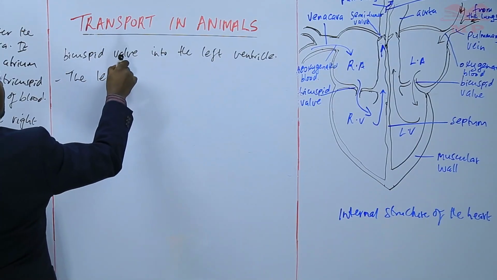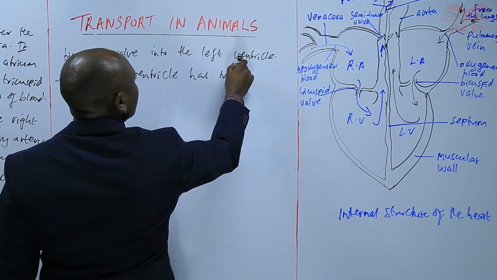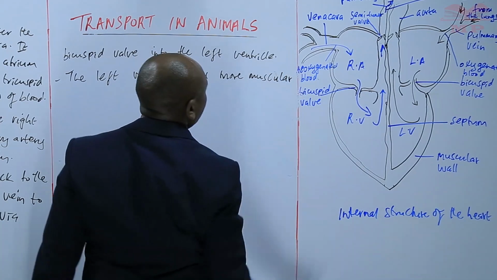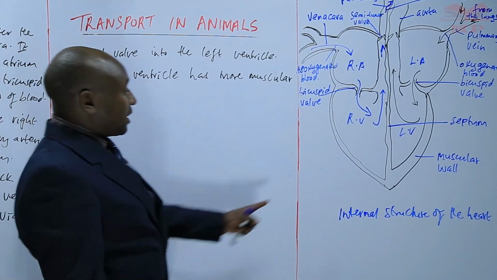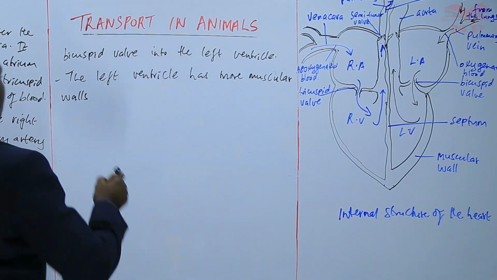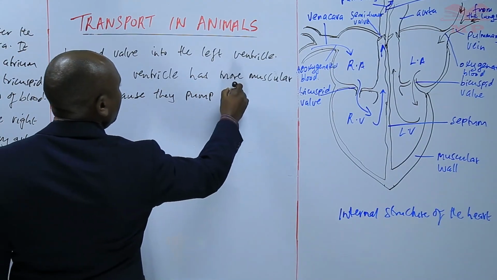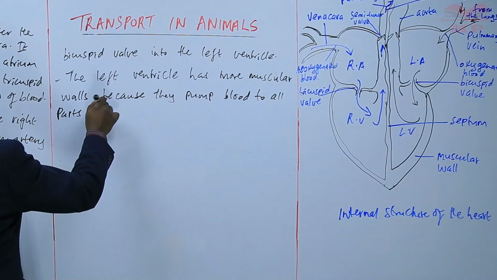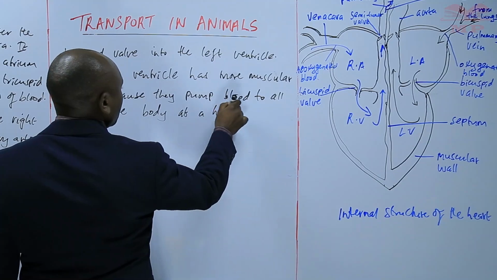And the left ventricle, as can be seen from the diagram, has more muscular walls compared to the right ventricle, because it pumps blood to all parts of the body at a higher pressure.